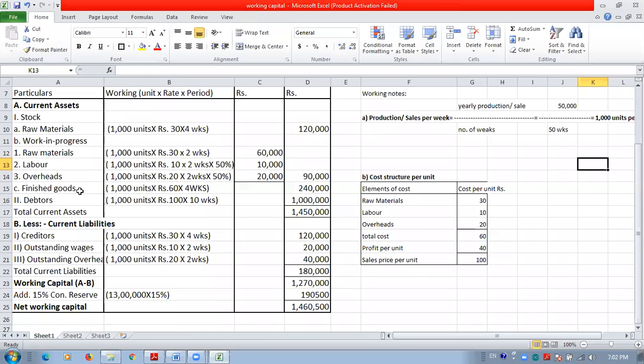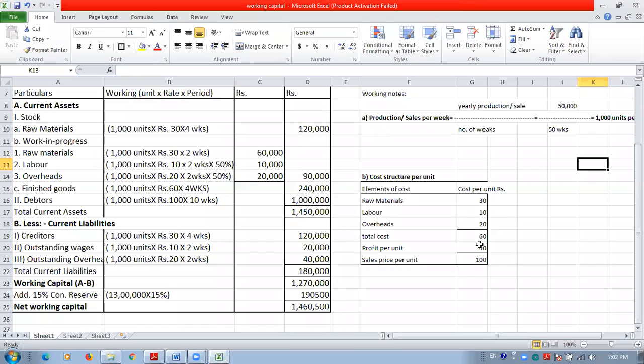In case of finished goods, as it is finished goods, we have to consider the total cost, 60, because all elements are applied: raw material, labor, overheads, every cost is applied 100% in order to complete that product. So finished goods are the complete products.